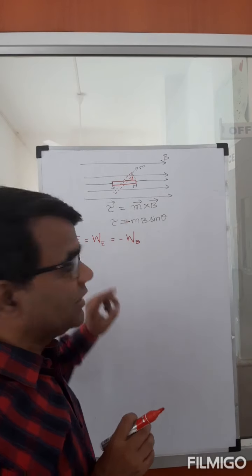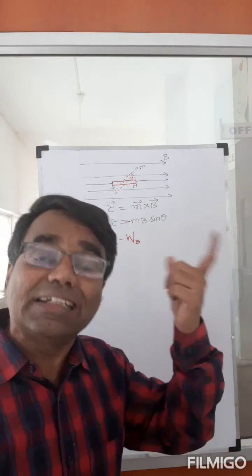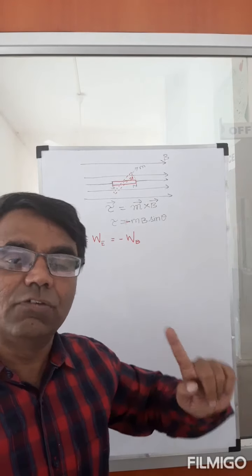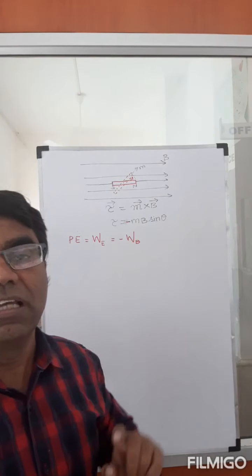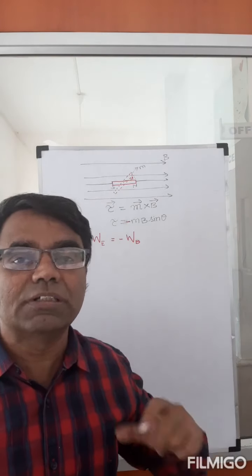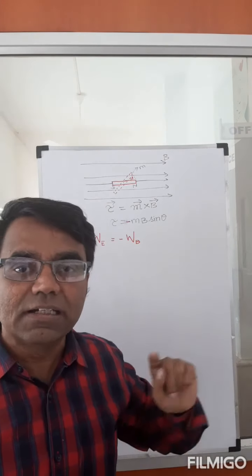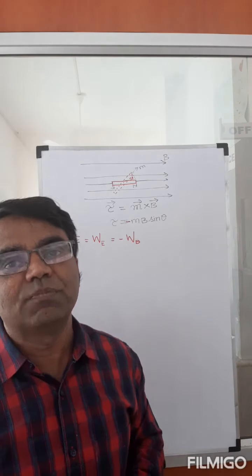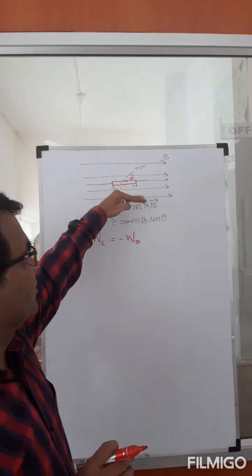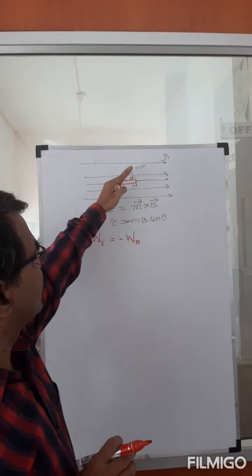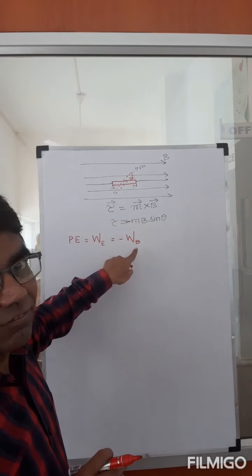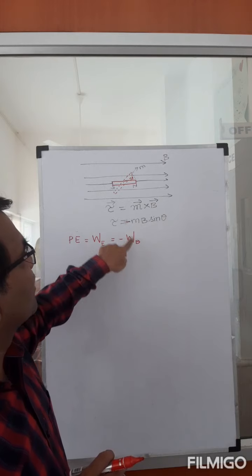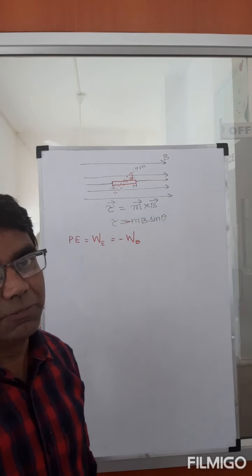The potential energy is not the work done by the electric field, it is the negative of the work done by the electric field, and the potential energy is not the work done by the gravitational field, it is the negative of the work done by the gravitational field. Likewise, here too, the potential energy is not the work done by the magnetic field, it is the negative of the work done by the magnetic field.